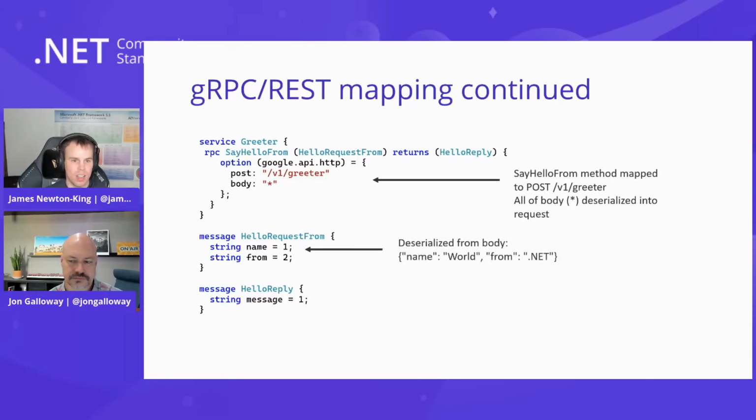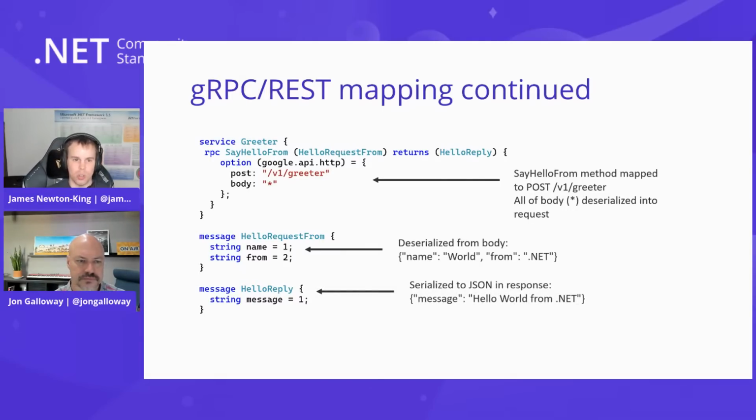So that means our HelloRequestFrom message is being bound from all the JSON which comes in from the body. In this case, we've got name world from .NET. That will then get passed to our service method. And when you eventually serialize the reply, again, it will just get serialized to JSON.